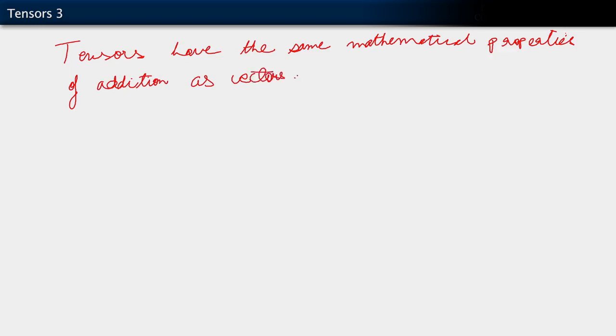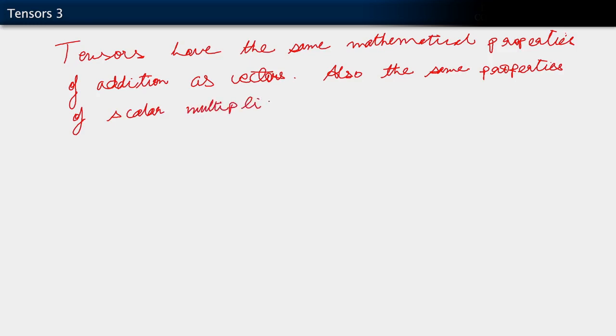They also have the same properties of scalar multiplication as vectors.